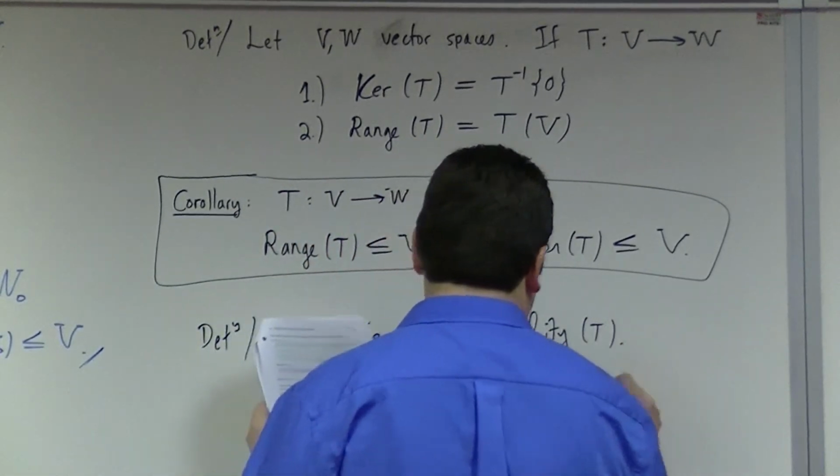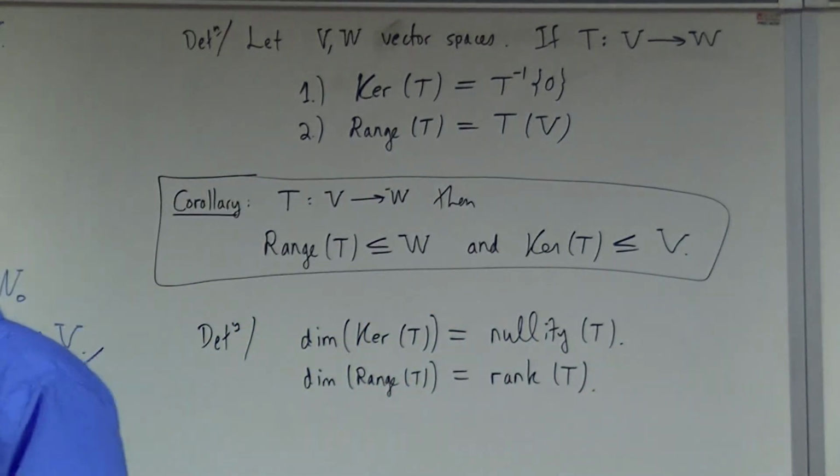Now, we've used those words before, haven't we? But when I used them Wednesday, I used them with respect to a specific matrix. Now I'm talking about them with respect to a linear transformation, and it's not a matrix. It remains to be seen why using the same words is reasonable.